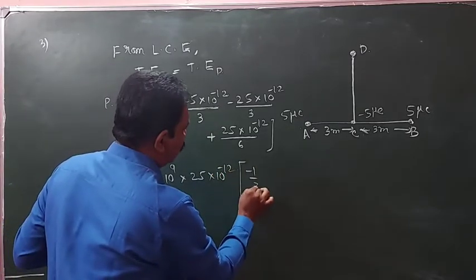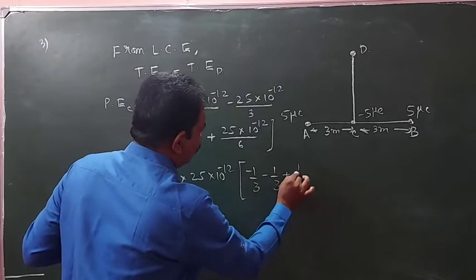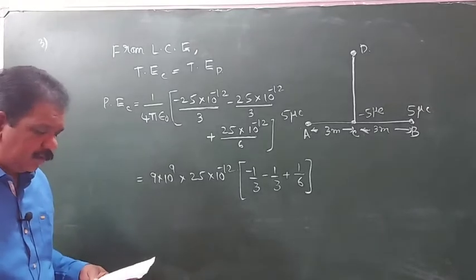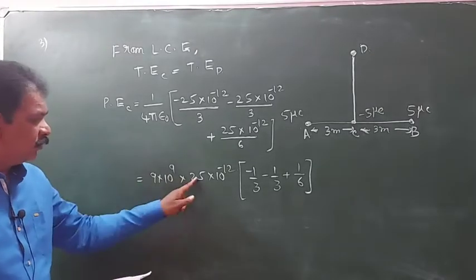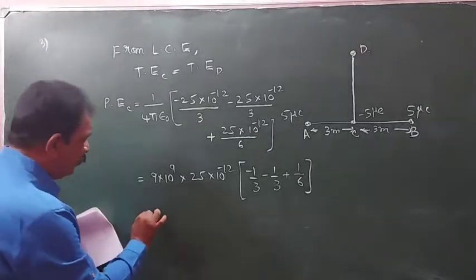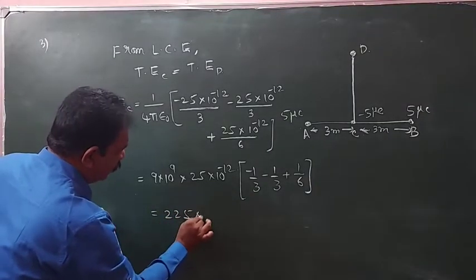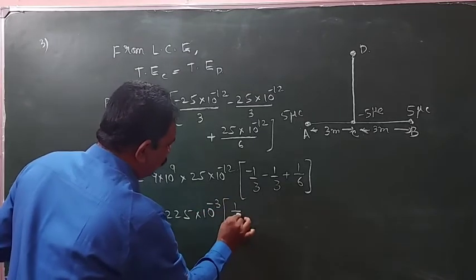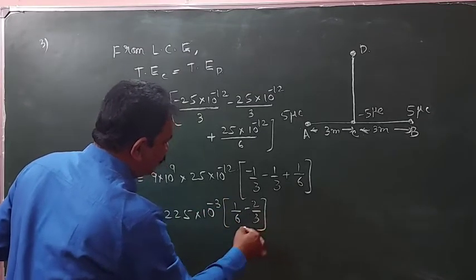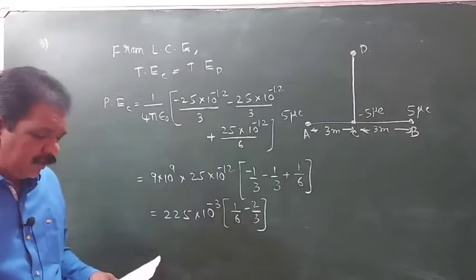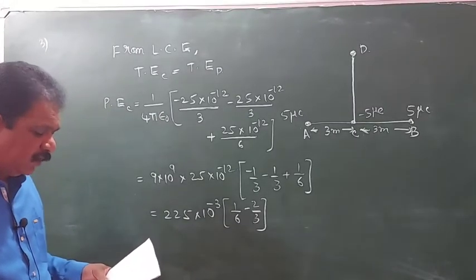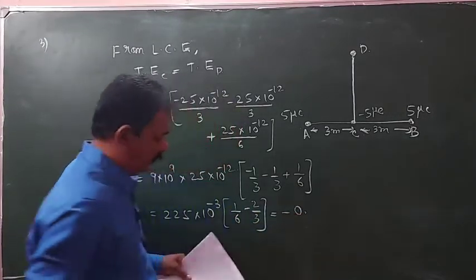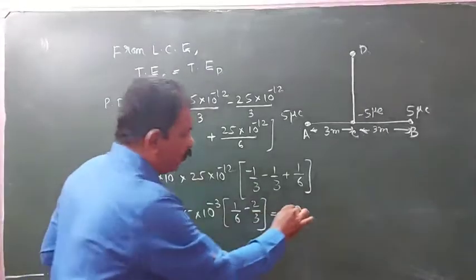So minus 1 by 3, minus 1 by 3, plus 1 by 6. So 9 into 25 is 225, 225 into 10 power minus 3, times 1 by 6 minus 2 by 3. If we calculate this value, finally we will get minus 0.1125 joule.